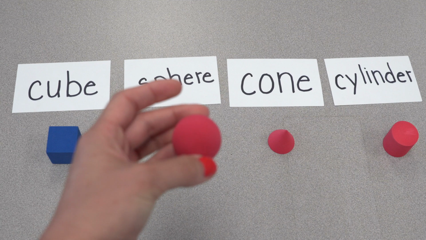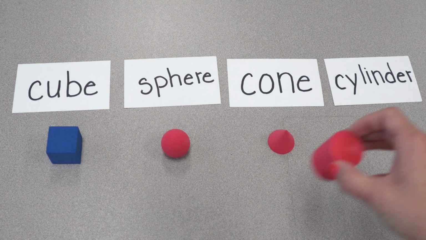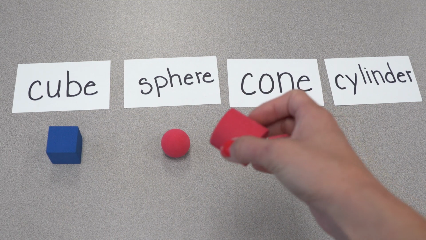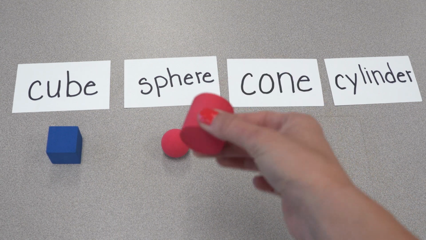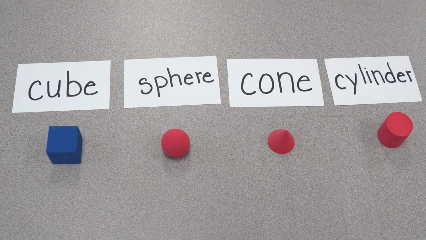Does it have sides? No. Does the cylinder have corners? No, but does it have sides? Yes. So we're going to be looking at all of these solid shapes today, and we are going to find objects that are the same shape as the solid figures.